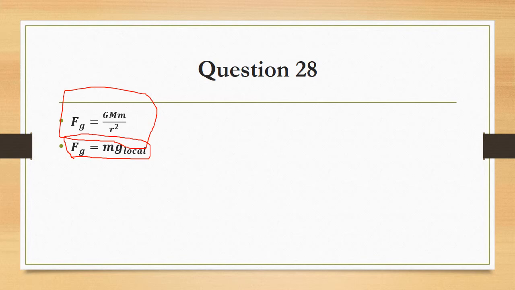But what we can do is set these two different expressions for gravity equal to each other. Little m is going to cancel out, which is the mass of the orbiting body, like the satellite's mass. And the only mass that remains is, once again, the mass of the Earth, or the planet at the center of the orbital path. And therefore, g local, the acceleration due to gravity at a particular location, is equal to GM over r squared.